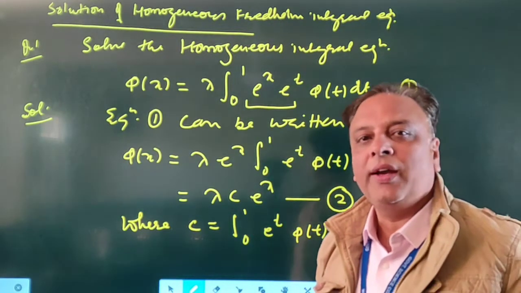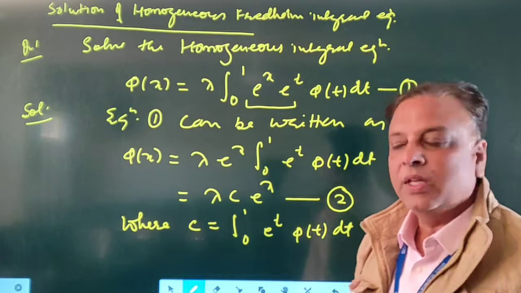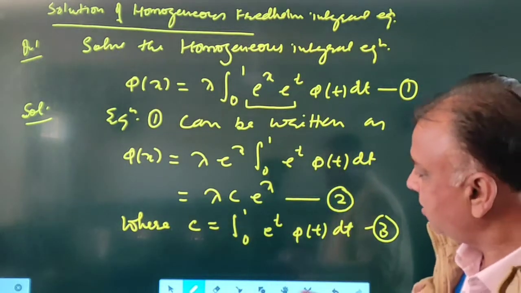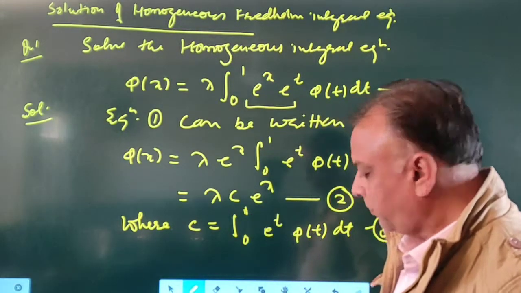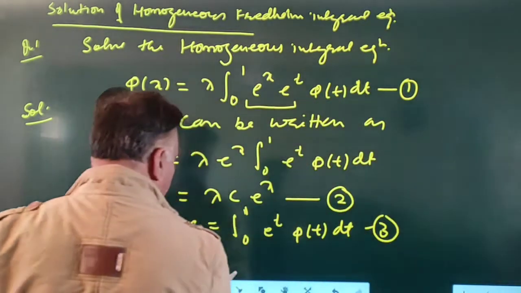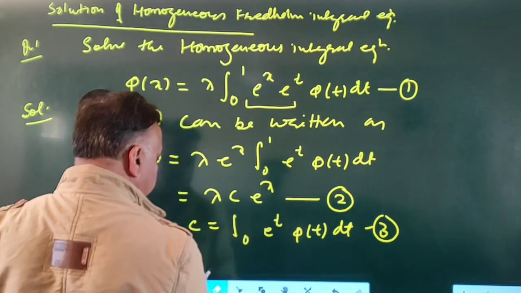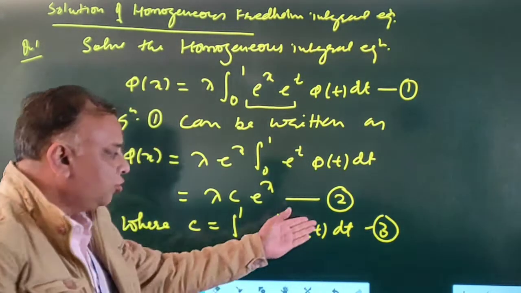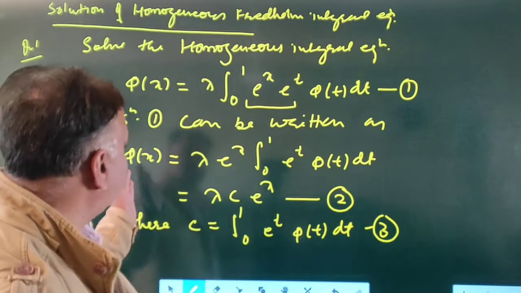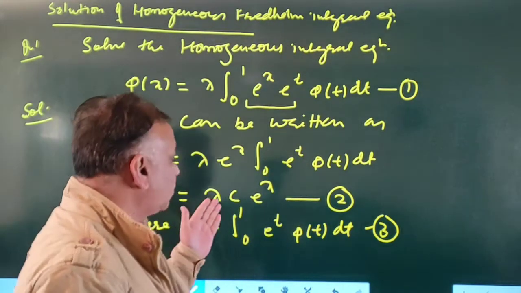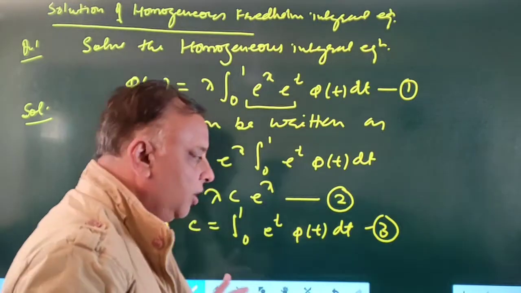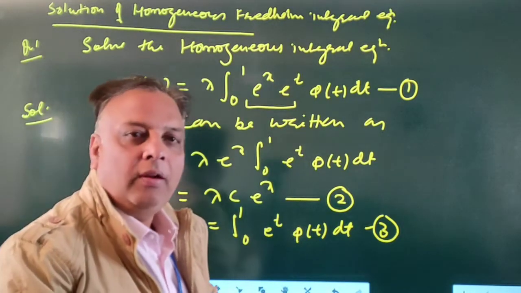Our task is to find the value of the constant c, where the value of c is given as integral 0 to 1 e raised to t phi t dt, where phi x is given as lambda c e raised to x. So our task is to find the value of c.